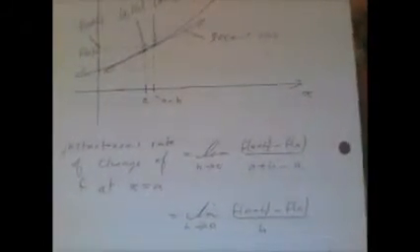Notice that that quotient is equal to that below. So we can't actually set h equal to 0 because we would have a fraction whose value is undefined. So we do the next best thing, which is to take the limit as h approaches 0. And that should effectively shrink the x interval down to nothing.